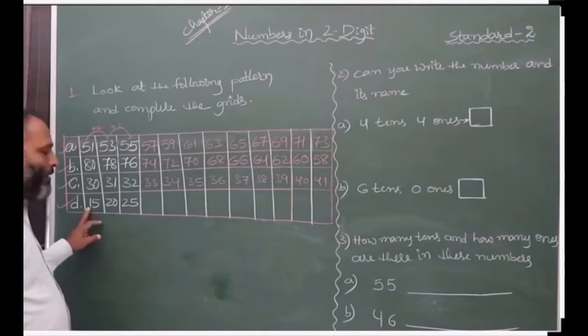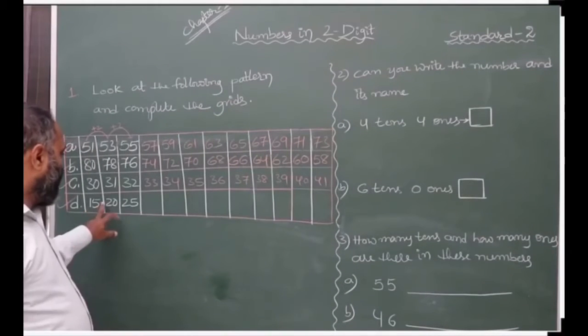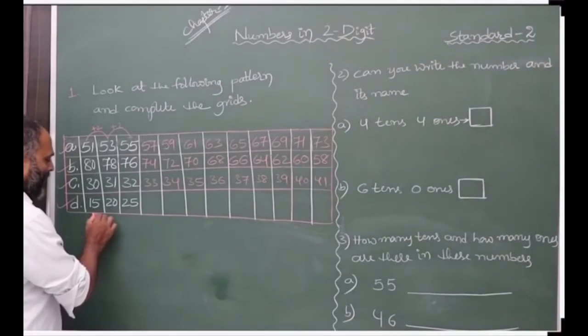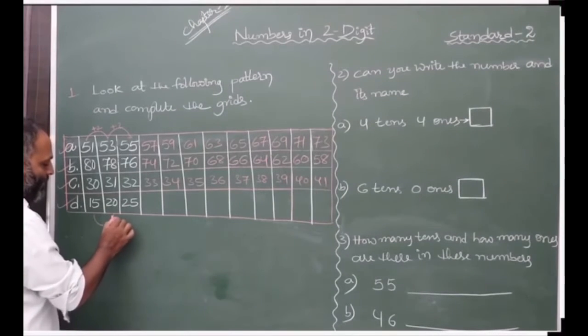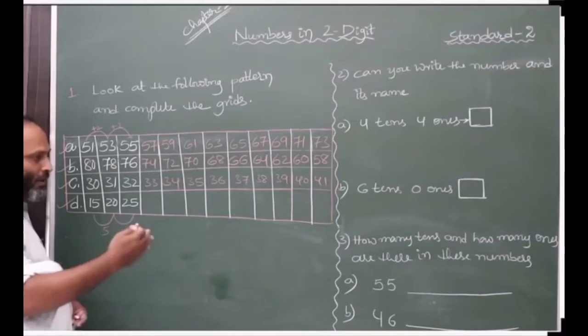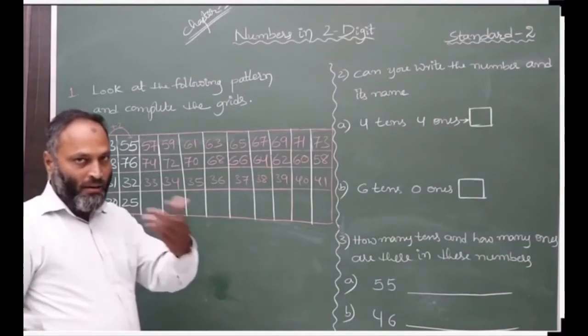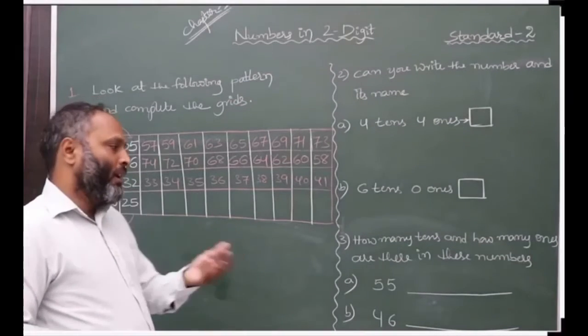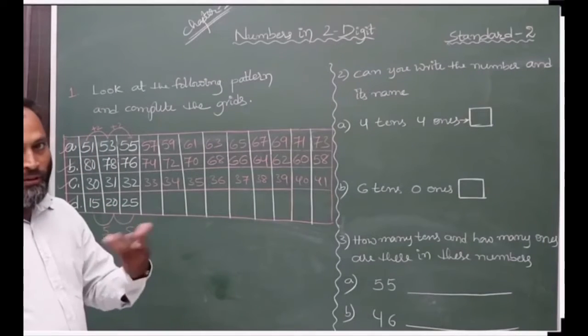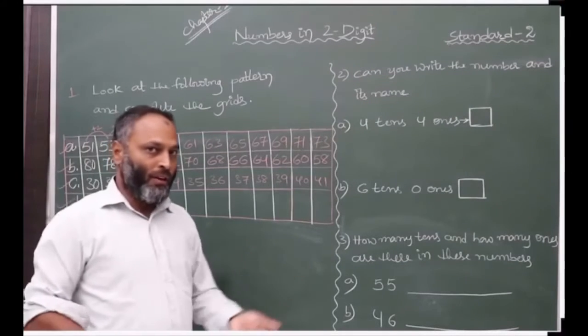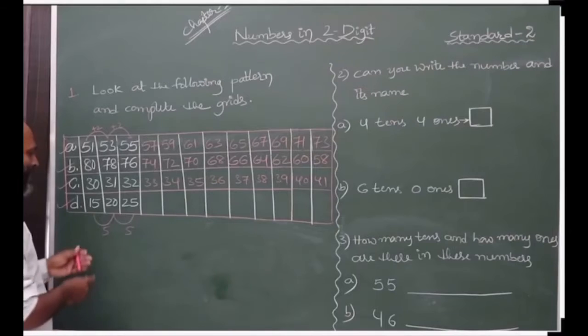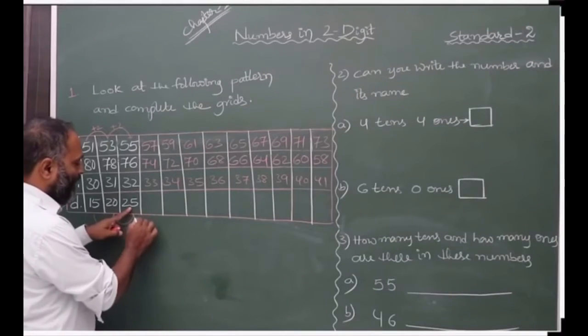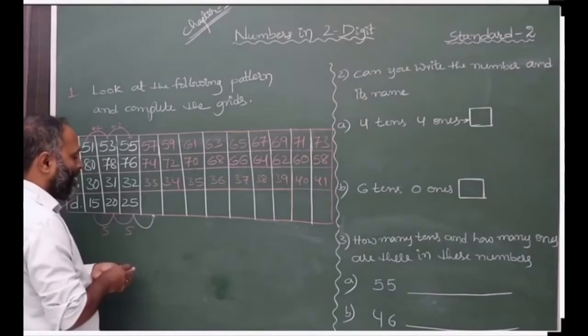And in the last one, here 15, 20, 25 means we are increasing by 5, 5, 5, 5, the very next consecutive number. So we are going to increase by 5 each time. After 25, if we increase by 5, we get 30.